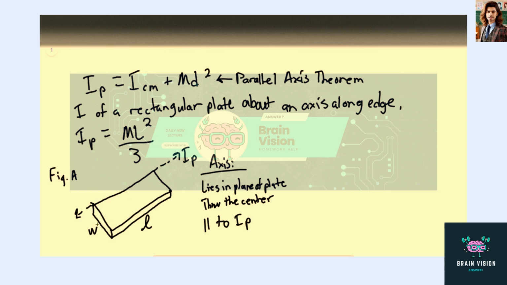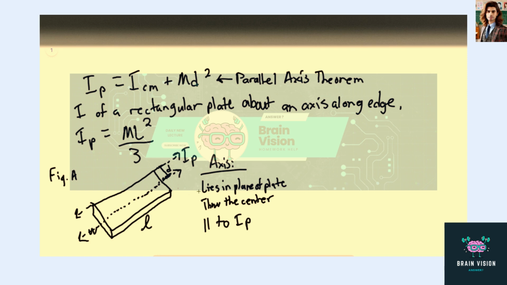If you were to draw this, this would simply be the axis that they're talking about right here. And this would be straight, and we know that the distance on the other side here would be d.